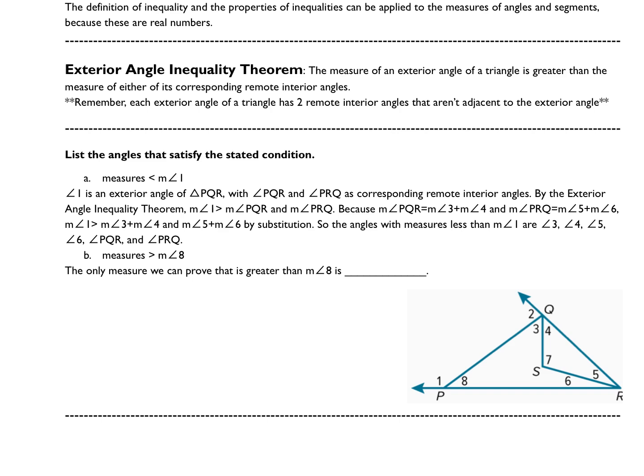Now, for measures greater than the measure of angle 8, there is only one angle that we can prove is greater, and that is the remote exterior angle to angle 8, which is angle 2. Angle 2 is the only one that we can prove, without a doubt, is greater than the measure of angle 8.